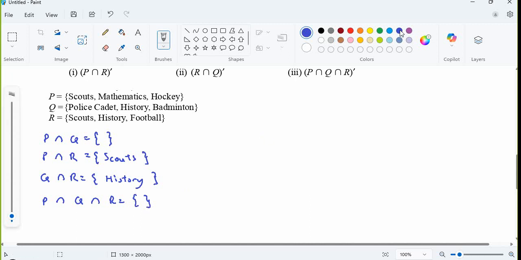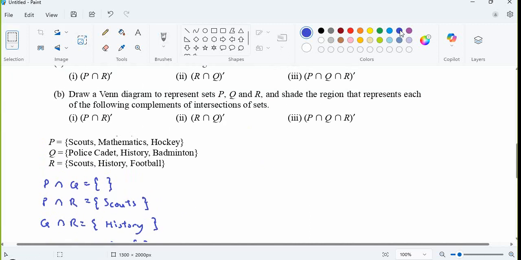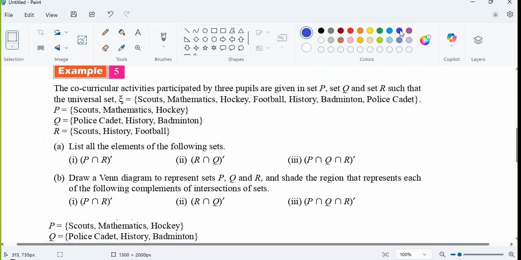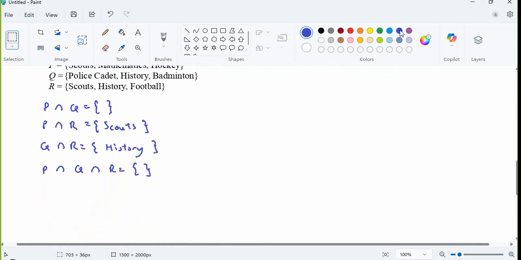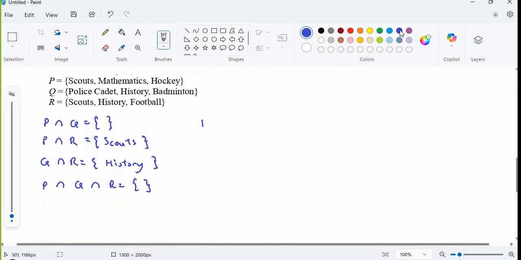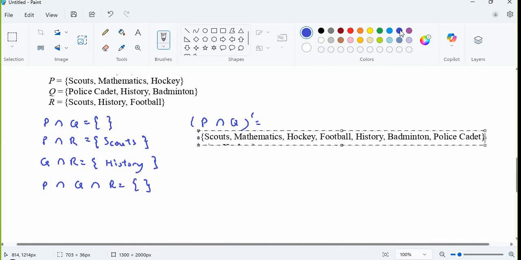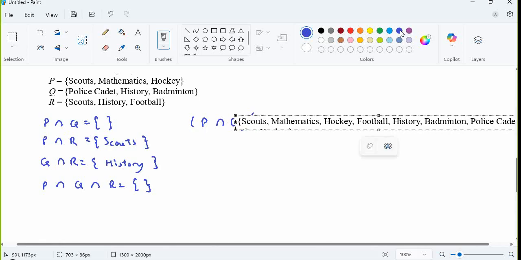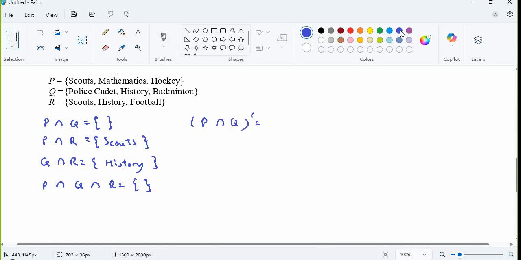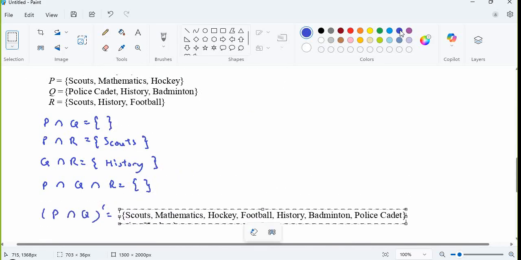For this one, we know that this is the universal set. The complement of this will be the universal set. So this will be the universal set.